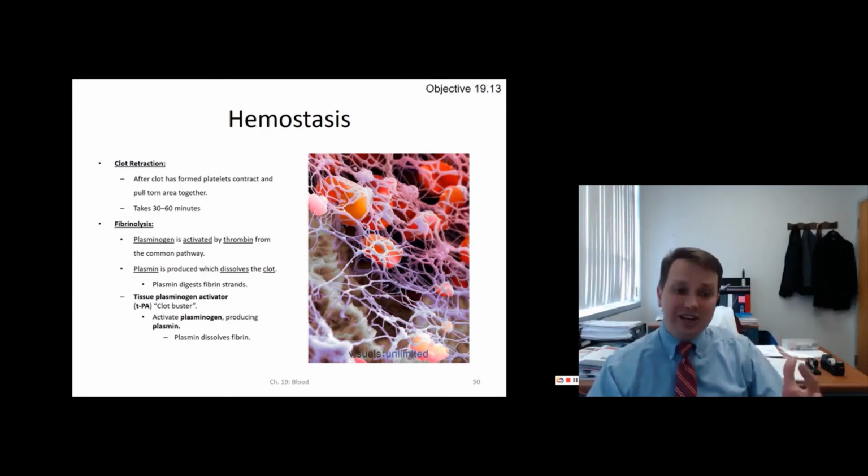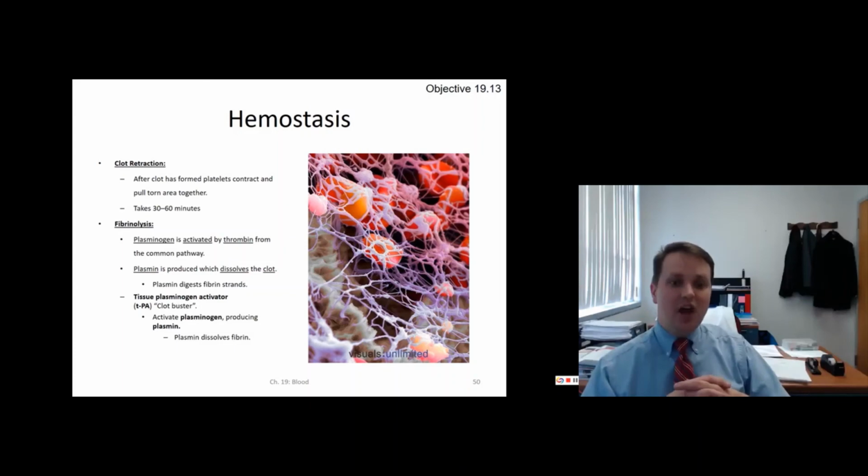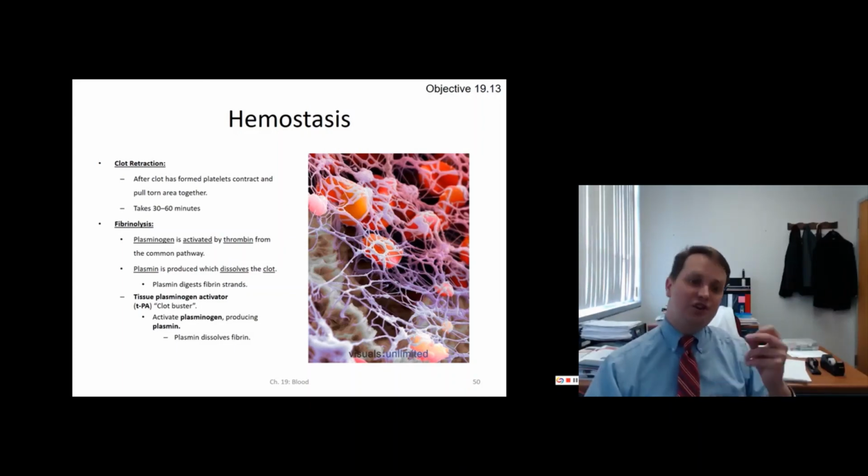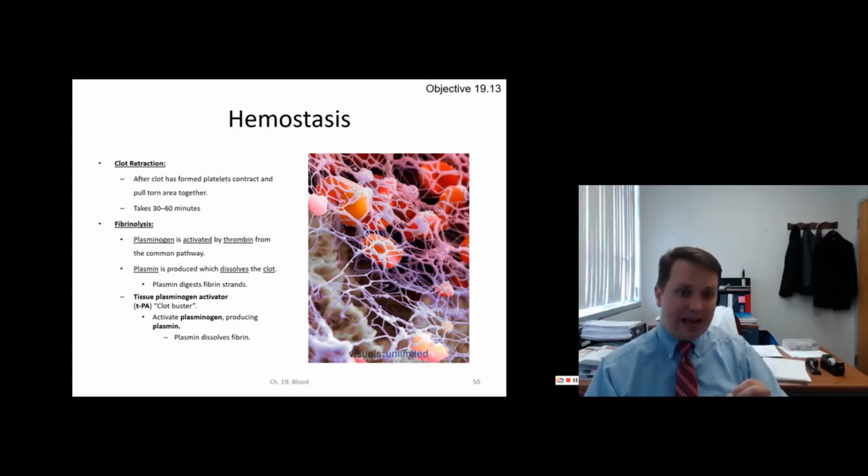Plasminogen gets turned into plasmin. Plasmin dissolves the clot and digests your fibrin strands. To activate plasmin, you need a thing called tissue plasminogen activator, or TPA, which will activate plasminogen into plasmin to dissolve that.